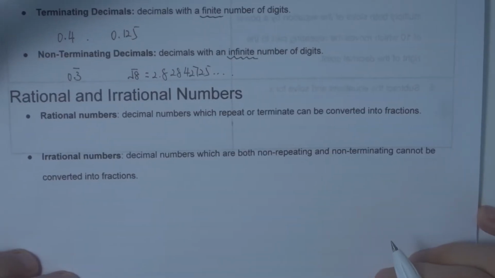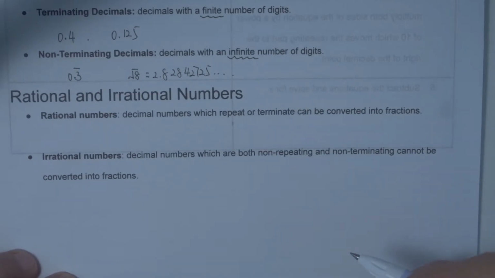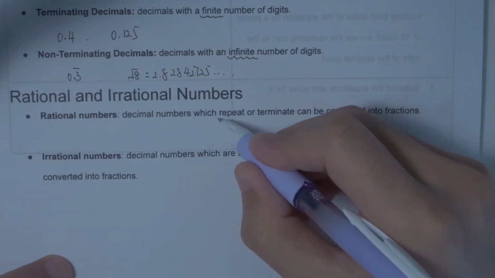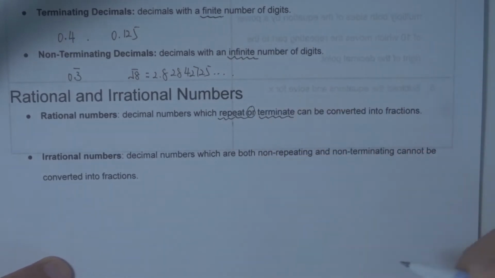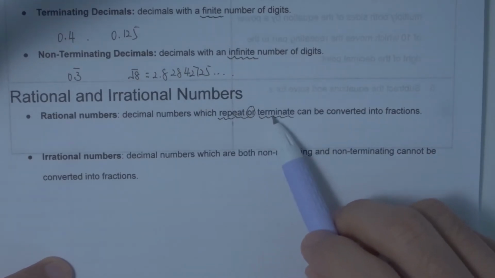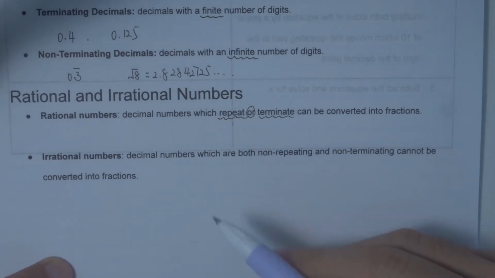After we review the decimals, let's move to the rational and the irrational numbers. For rational numbers, a decimal number which repeats or terminates can be converted into a fraction. So the important part is repeat or terminate: both of them can be converted into a fraction.